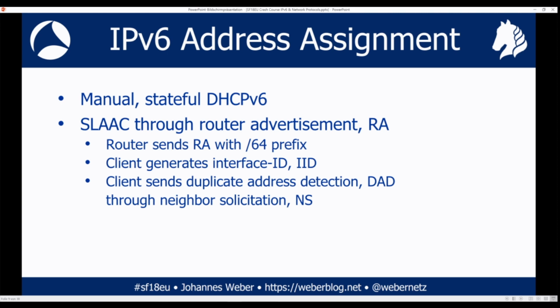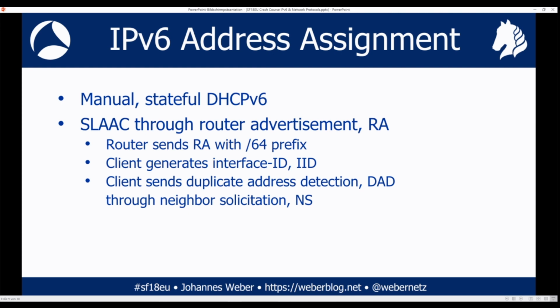Basically, the client generates an address, but does not use it immediately, but first sends out a message: is anyone else using this address? Nobody replied, okay, thanks, I can use the address. So it sends this duplicate address detection through a packet which is called neighbor solicitation.